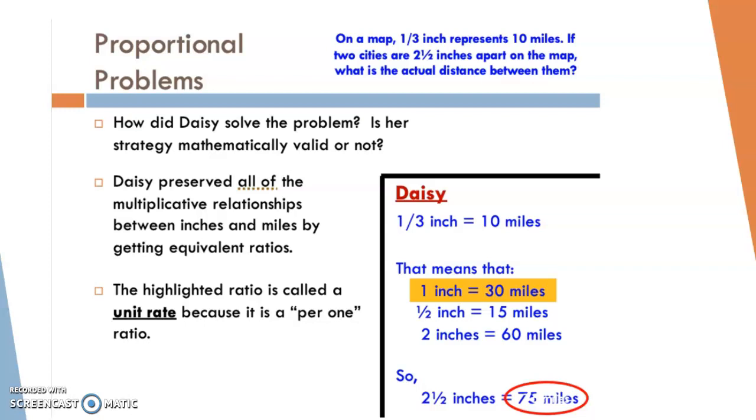That also means that 1 inch equals 30 miles. 1/2 inch equals 15, and 2 inches equals 60. So all of these various components that she put together, these equations, tells her that 2.5 inches equals 75 miles. And yes, this is valid.